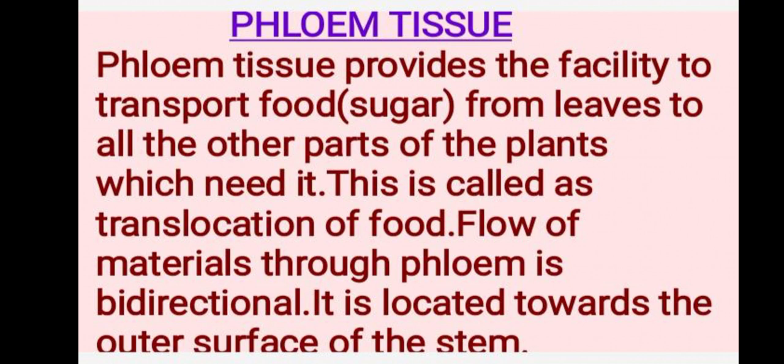Remember children, flow of materials through phloem is bidirectional, that is both in the upward direction as well as in the downward direction. Phloem tissue is located towards the outer surface of the stem. Xylem tissue is located towards the center of the stem.